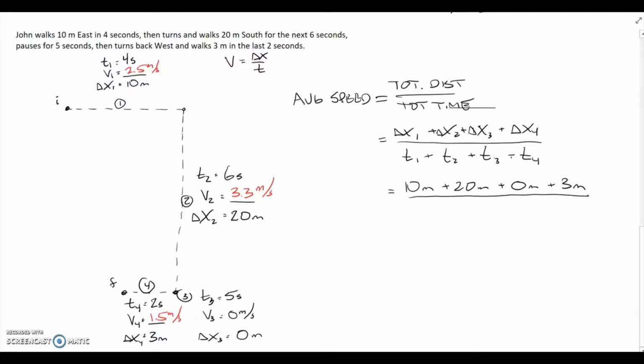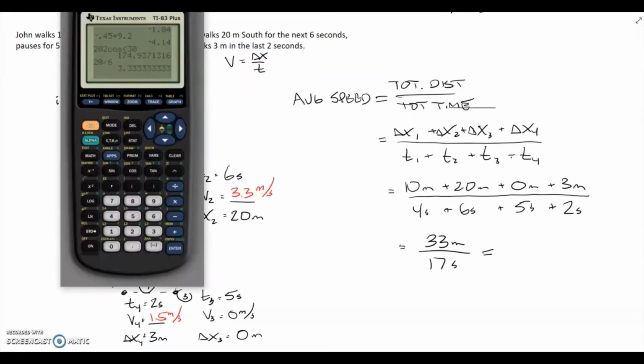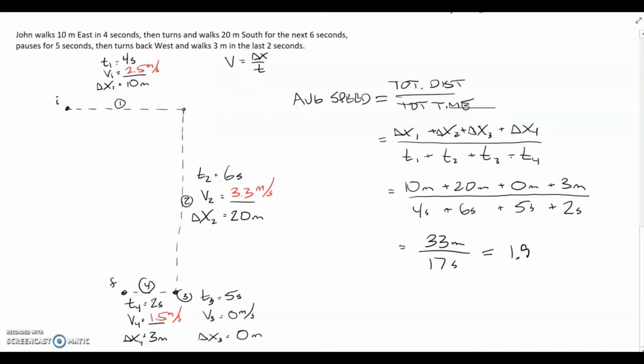And in the denominator, my time becomes 4 seconds plus 6 seconds plus 5 seconds plus 2 seconds. So my average speed is 33 meters in a total time of 17 seconds. If I pull out my calculator, I can evaluate that because it's confusing to leave it as a fraction, and we get a decimal value of 1.94 meters per second. That's my average speed.